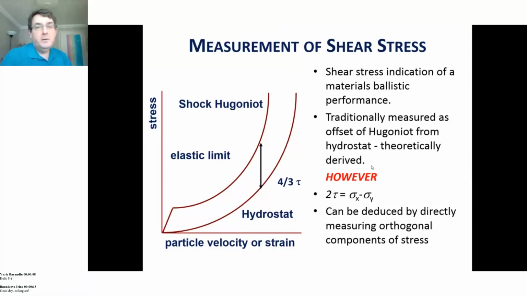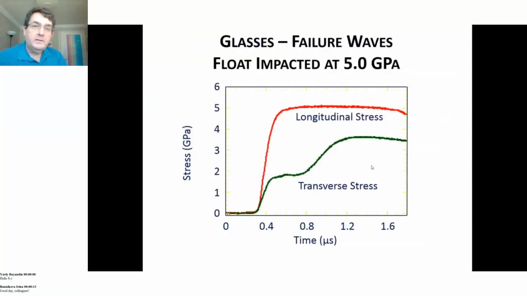This is one of the reasons I first ever spoke to Oleg, many years ago, and it was failure waves, a failure phenomenon seen in glass, first noted because we measured the longitudinal stress in some window glass that we impacted at 5 gigapascals.